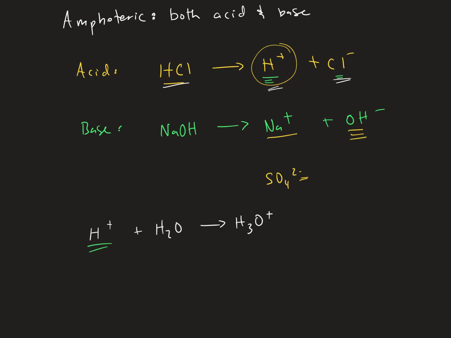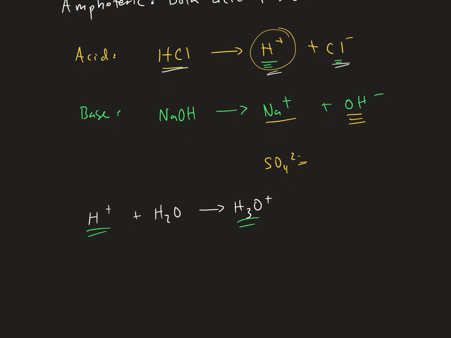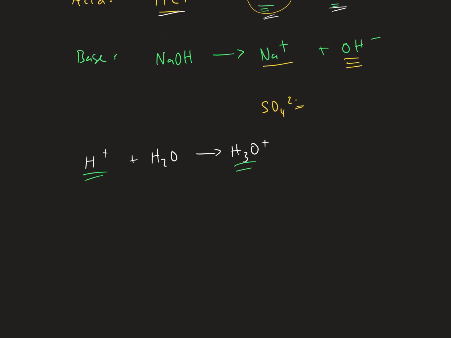So H plus and H3O plus can be used interchangeably, because H plus, if it's in water, is going to be H3O plus. But it's a lot easier just to write H plus. If you see it as H3O plus, it means the same thing. It's all balanced, so it's a 1-to-1 ratio of H plus to H3O plus. Good?